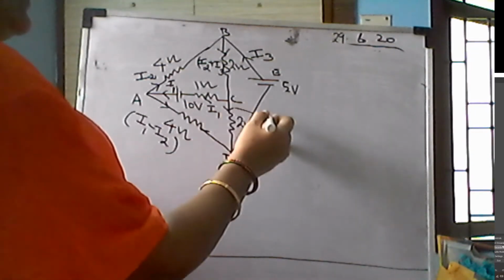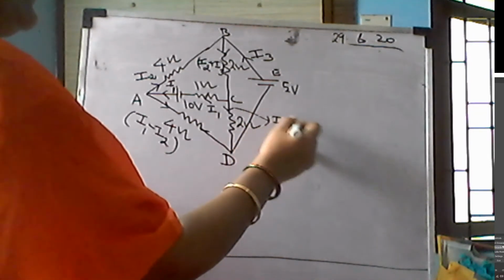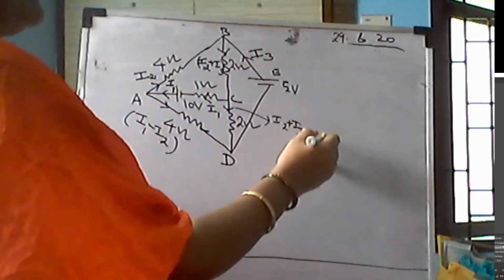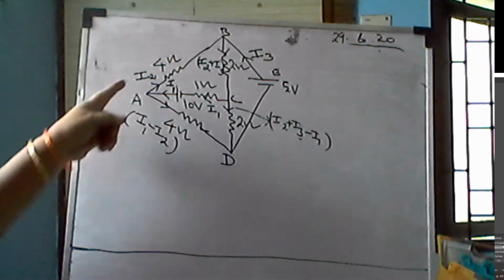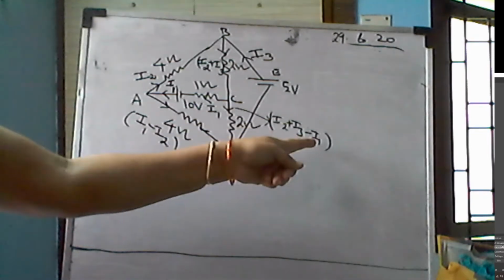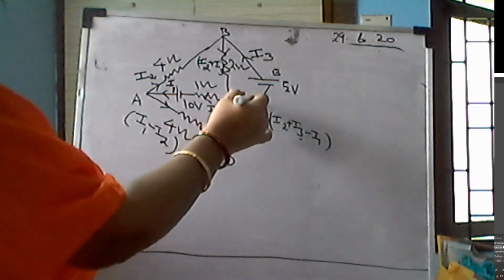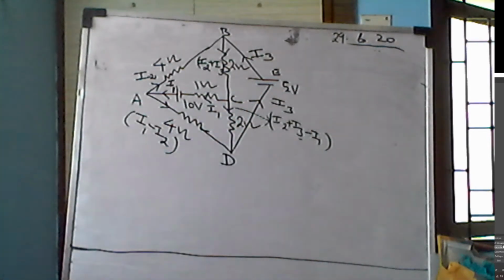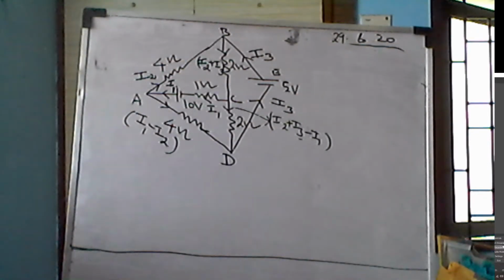This current will be I2 plus I3 minus I1, and then where the current is coming as I1 minus I2, then minus I1 plus I2, the remaining is I3. So now the circuit is correct. You have to mark the current direction like this.